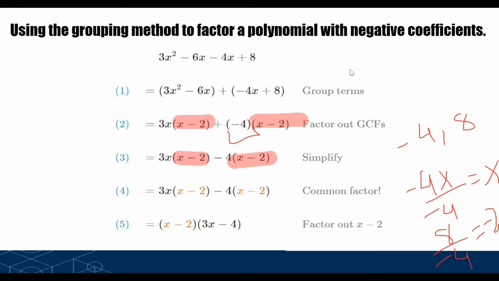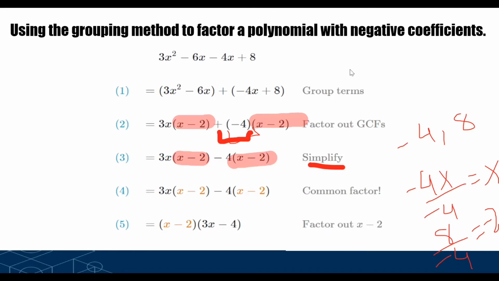In the third step, I actually did something. I wrote simplifying here, and the reason is this: there was a positive, and I put the negative 4 in a parenthesis. So I distributed: I multiplied the positive one outside of the parenthesis with the negative 4, and I got negative 4.